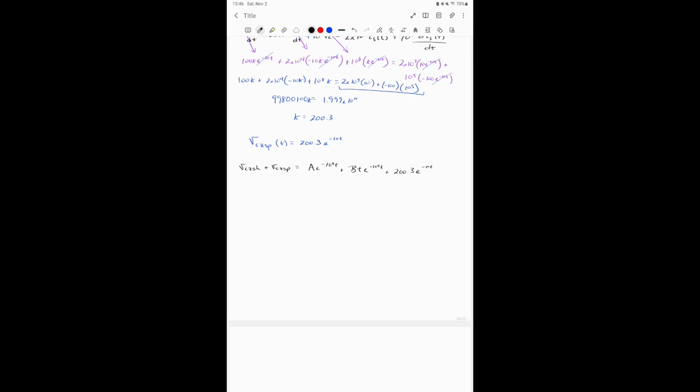Okay, and then our dvc of t over dt is going to be equal to, this is just going to be negative 10 to the 4th a e to the negative 10 to the 4th t plus, and then this is the same part we had earlier.